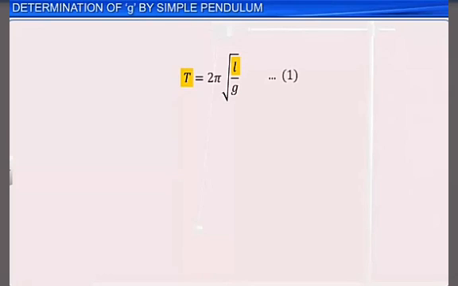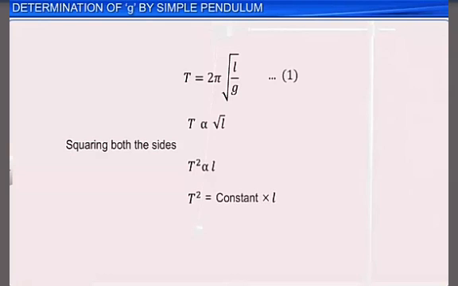The relationship is given as T is directly proportional to square root of L, since 2 pi and G are constant at a given place. Squaring both the sides, we get T square is directly proportional to L, which can be rewritten as T square upon L is equal to constant.